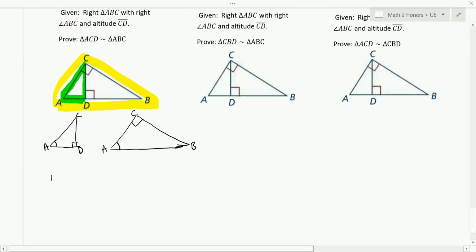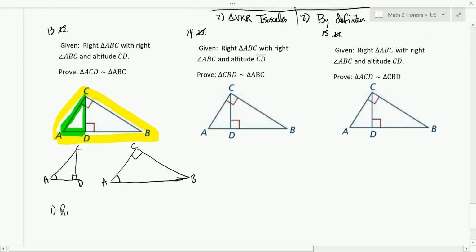And so let's put the givens. Oh, by the way, there's a mistake on all of these. Anybody see a mistake in the given? It should be A, C, B, so all these should write angle A, C, B. My mistake.